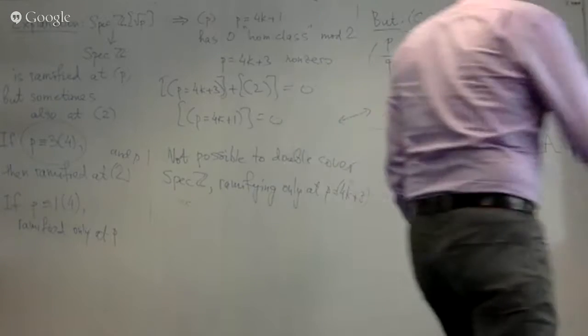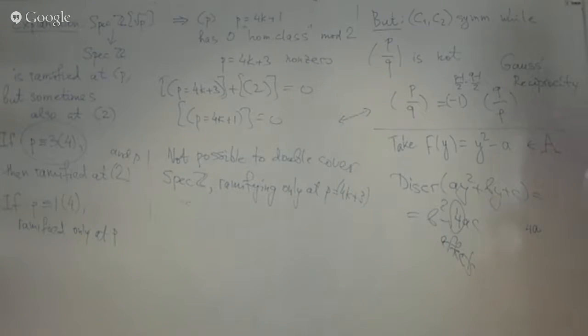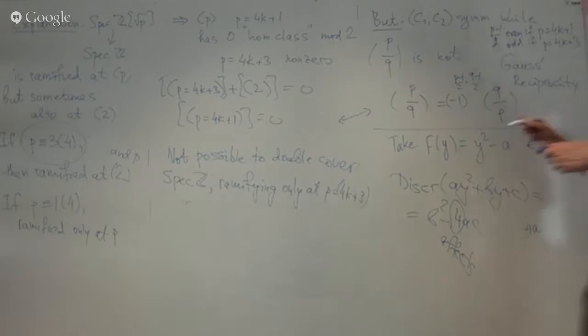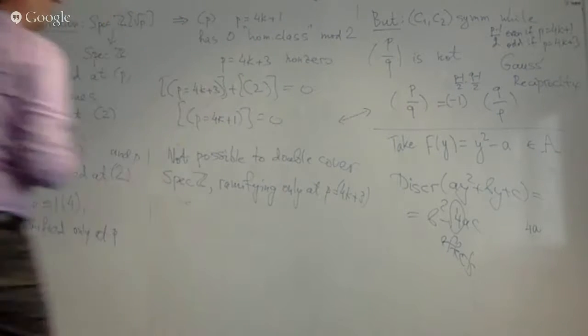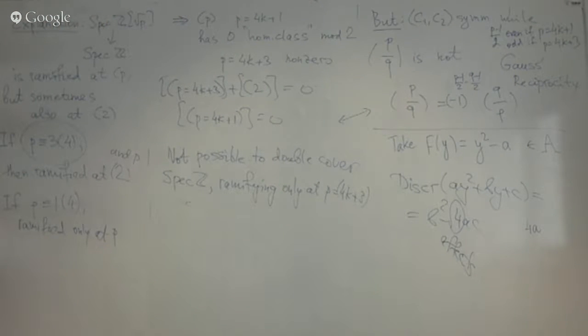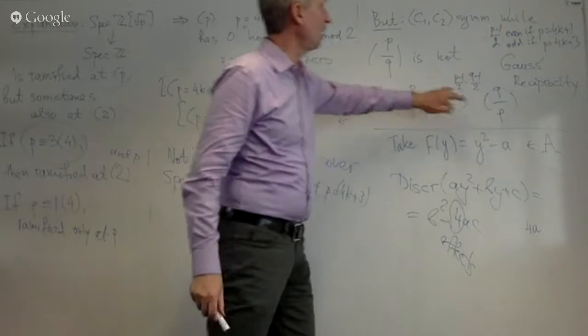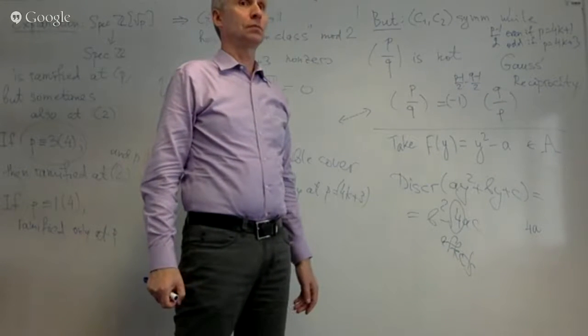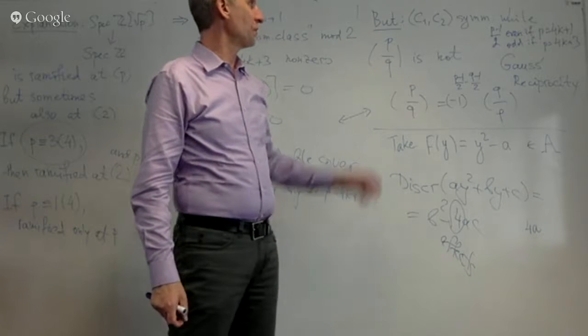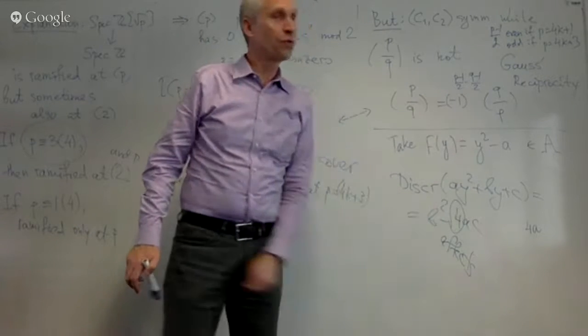Because what stands here? P minus 1 over 2 is even if P equals 4k plus 1, or it is odd if P equals 4k plus 3. So it means that it will be symmetric if, for instance, both P and Q are of the form 4k plus 1.